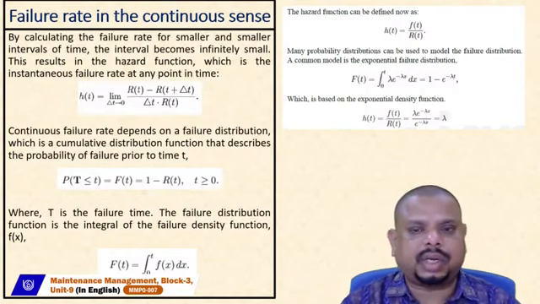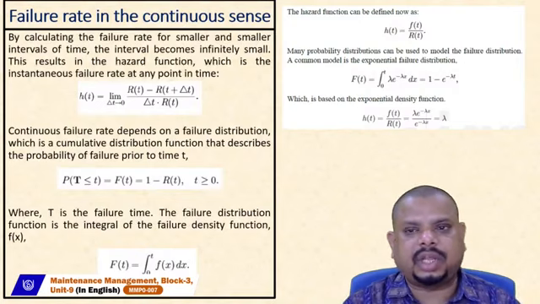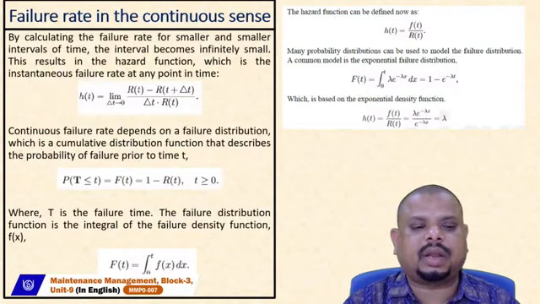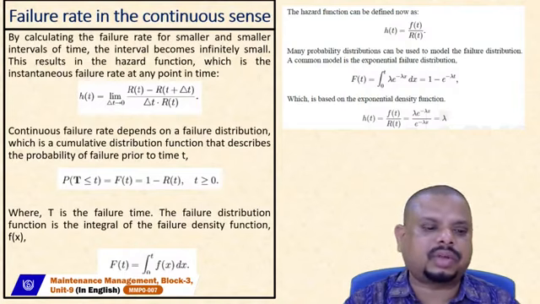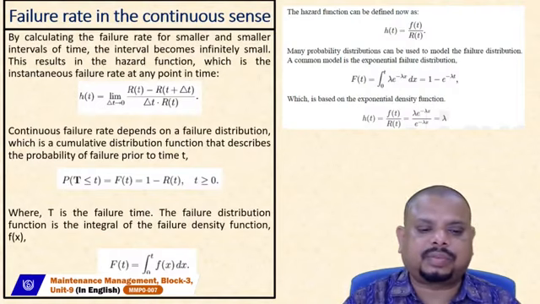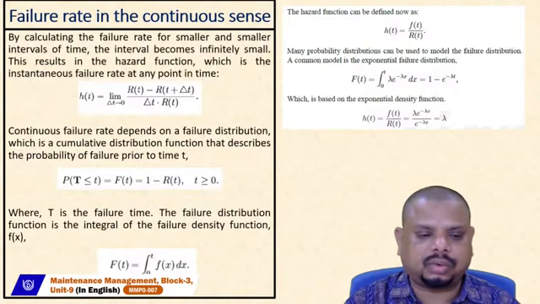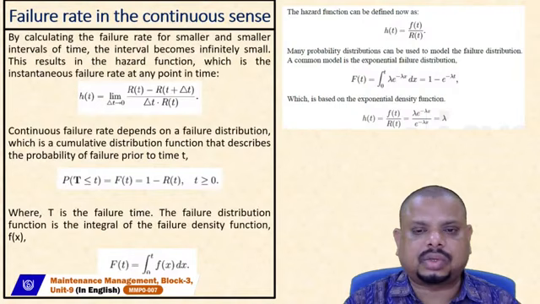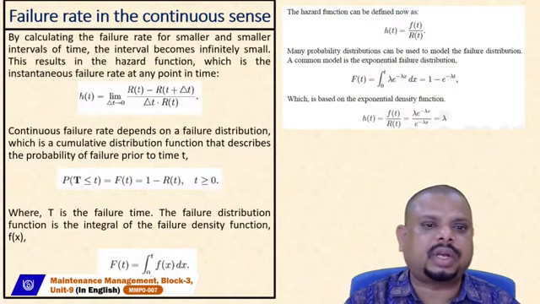Then, t stands for the failure time and the failure distribution function is the integral of the failure density function, which is denoted as f(x). So F(t) equals the integral from 0 to t of f(x) dx. So this is equation 3 for the failure rate in case of continuous cells.